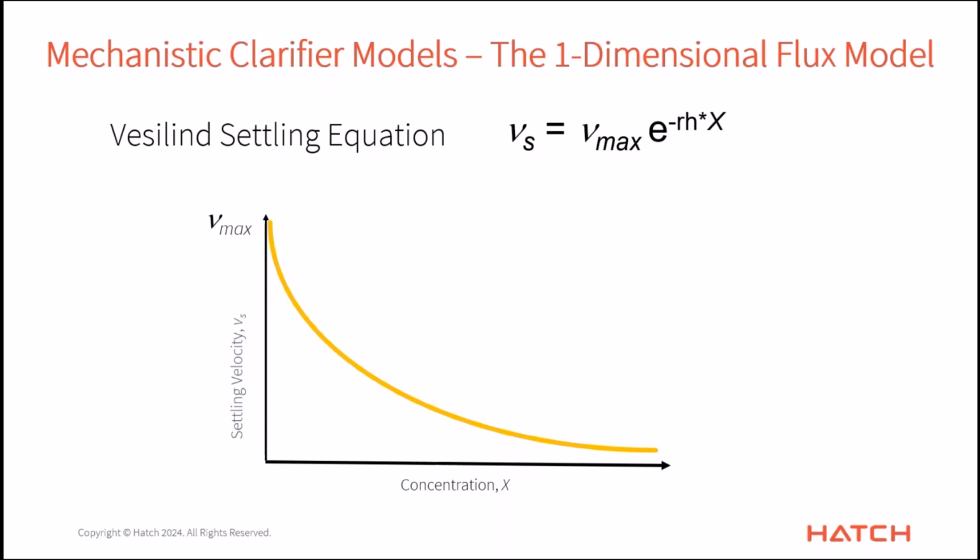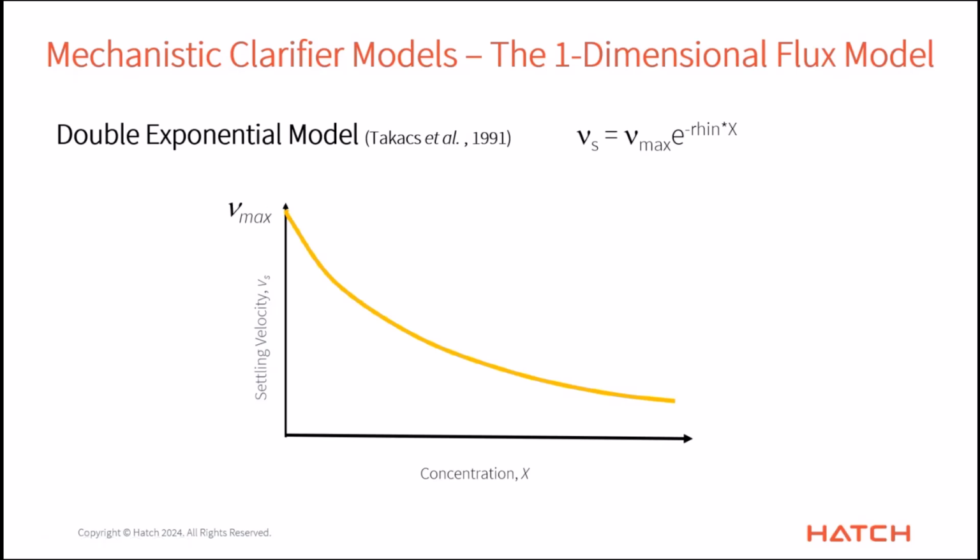That's the curve that you would have, basically saying that the lower the concentration, the higher the settling velocity. But what we normally use right now is what we call the double exponential settling model. This was actually published by a number of people from Hydromantis, the originator of GPS-X. That was before my time, but these were people who published this double exponential settling model.